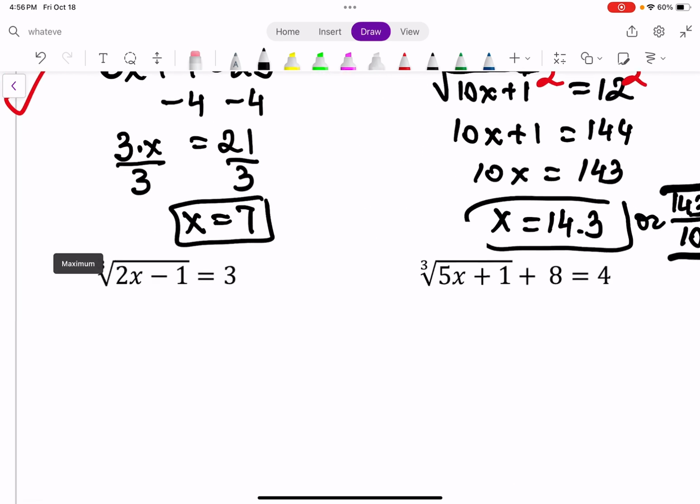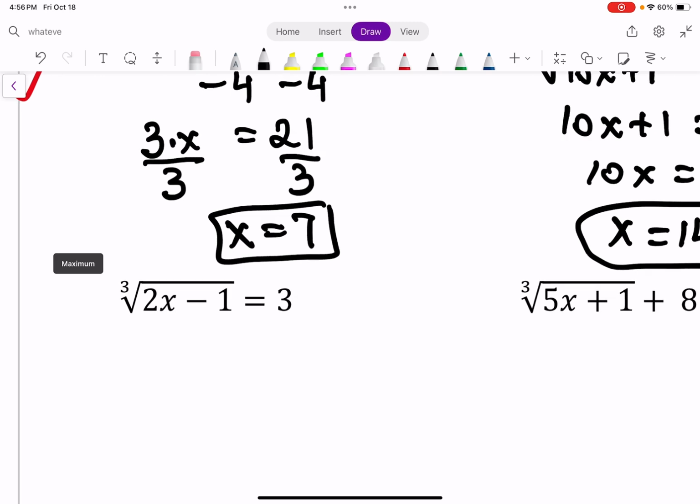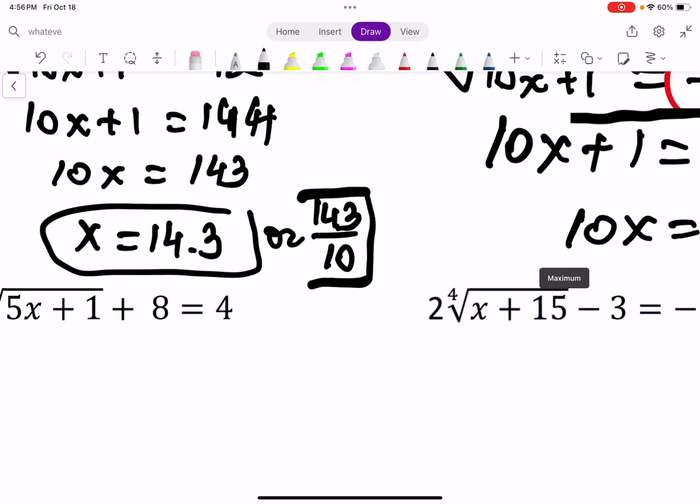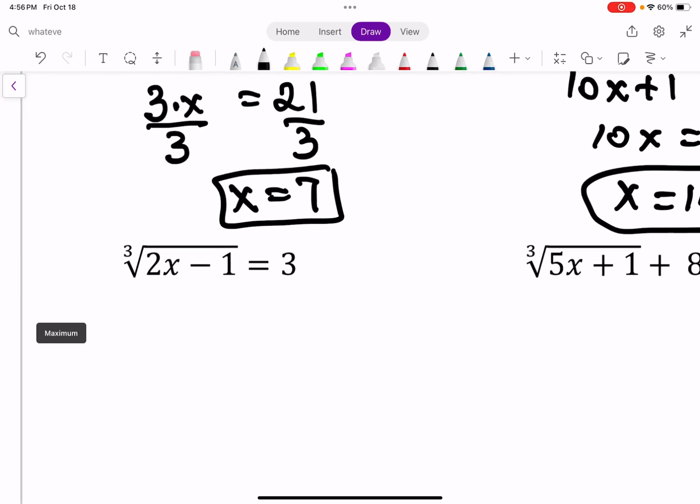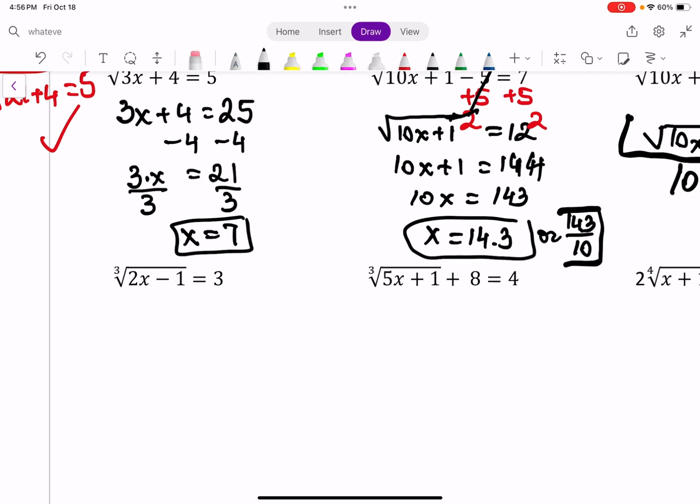Now, radicals are not just square roots, they're cube roots, fourth roots, and so on. For a cube root, if you remember, it can hold both positive and negative numbers inside, and therefore can equal positives or negatives. So I'll remind you of the graphs of the cube root function and the square root function from chapter 1.